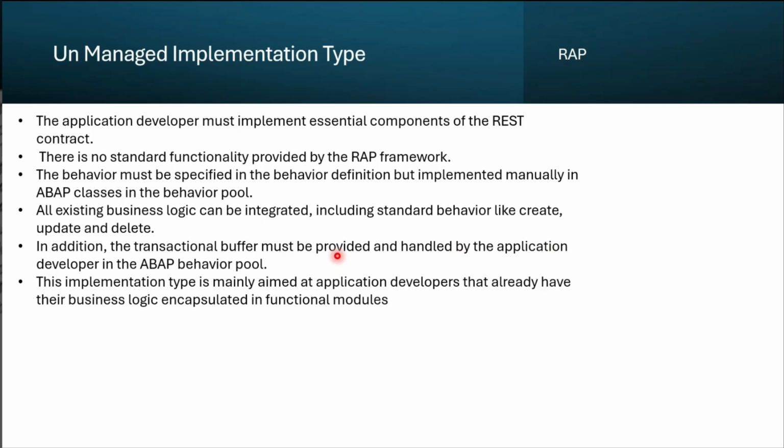So whatever we have to do in our unmanaged implementation, it will always be by implementing the code. The RAP architecture or the BO provider doesn't do anything here. As a developer, you have to do everything.